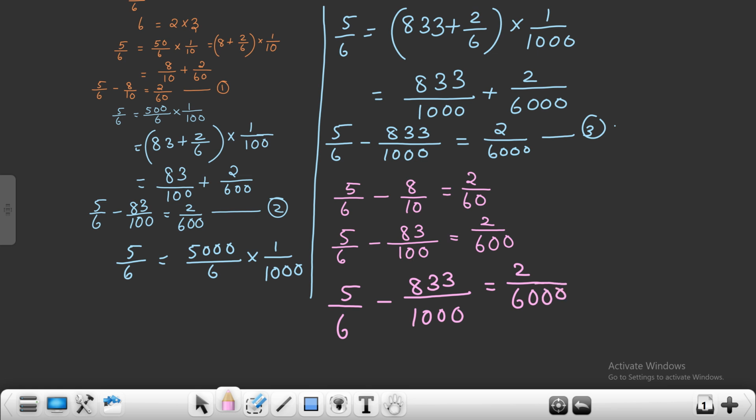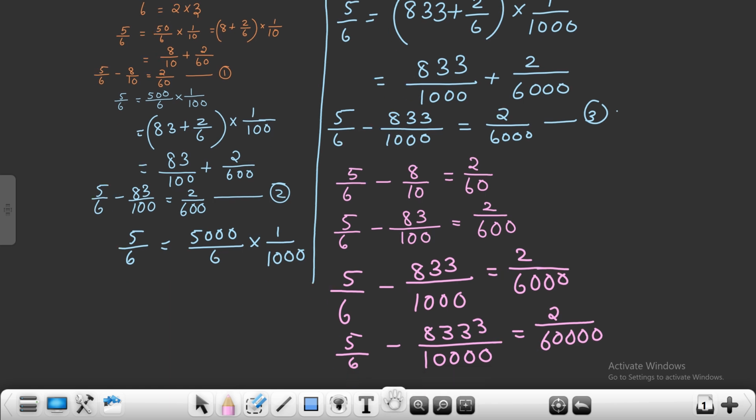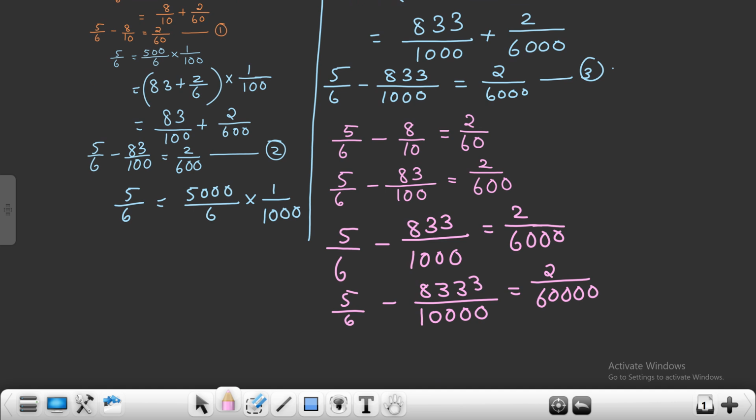From these three steps we can write the next step also. Next step is what? 5 by 6 minus 8333 by 10,000 is equal to 2 by 60,000, and so on.